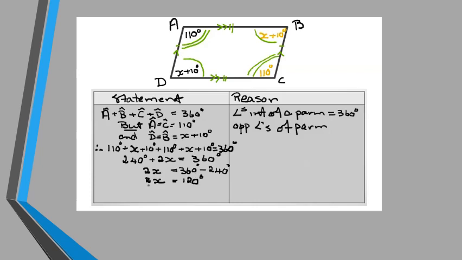On the left, divide by 2. On the right, divide by 2. Therefore, x gives me an answer of 60 degrees. Guys, if we follow the properties of a quadrilateral, then suddenly my calculation becomes easier and it's not difficult to follow the information.